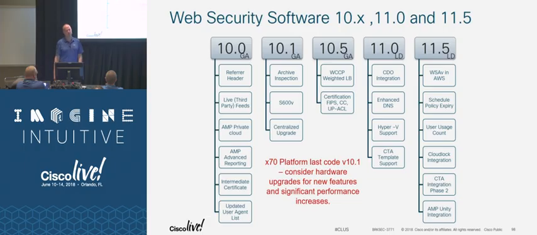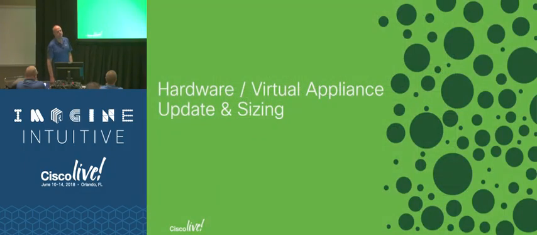There's a question over here? So I think it depends on the features that you're after. Ravi, do you have a comment on that? He had mentioned that TAC is recommending 10.5 right now for stability.